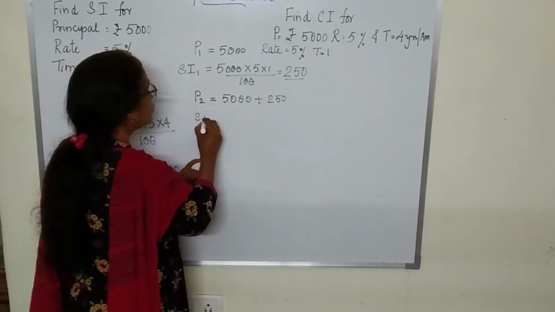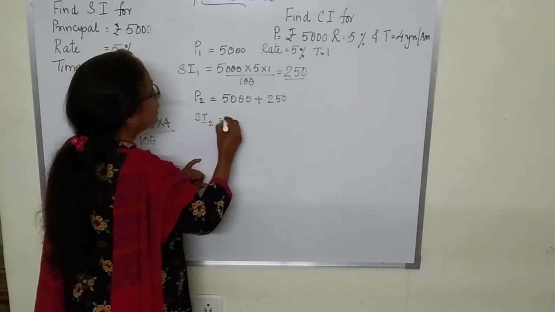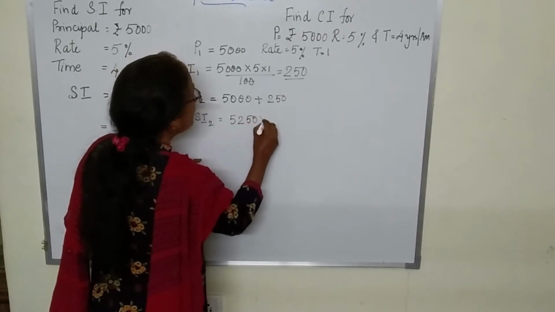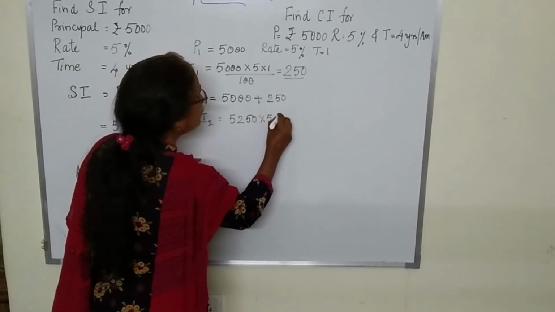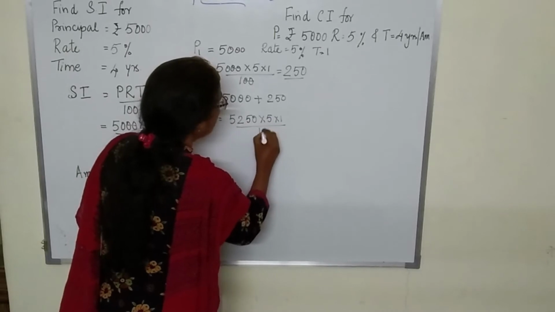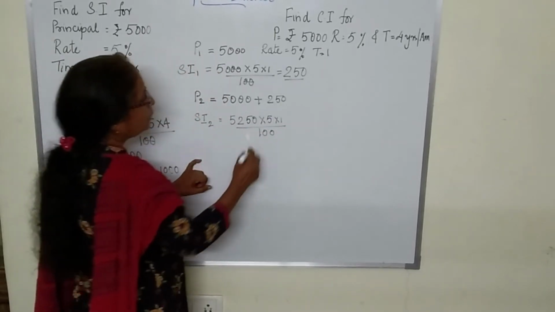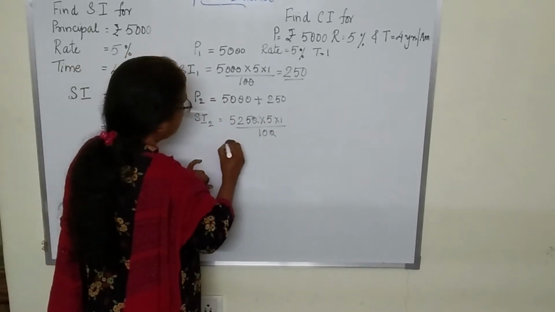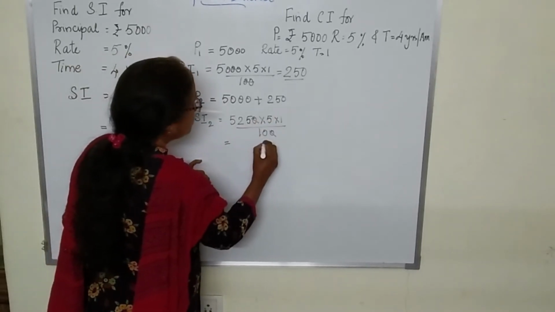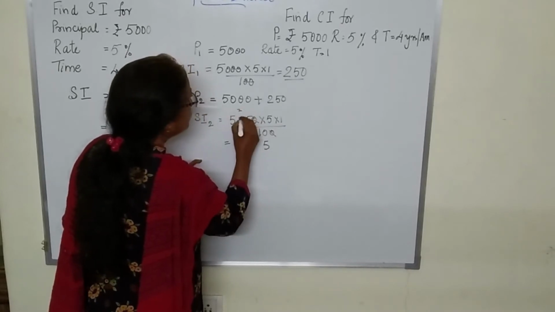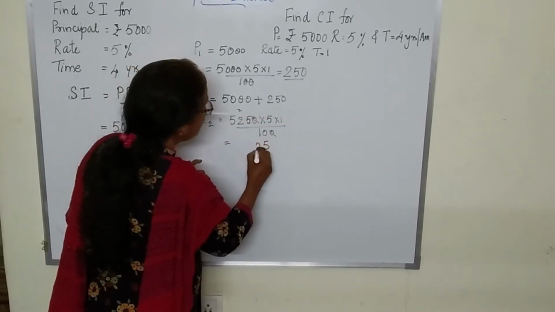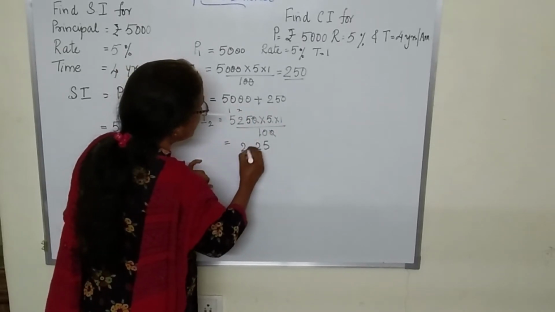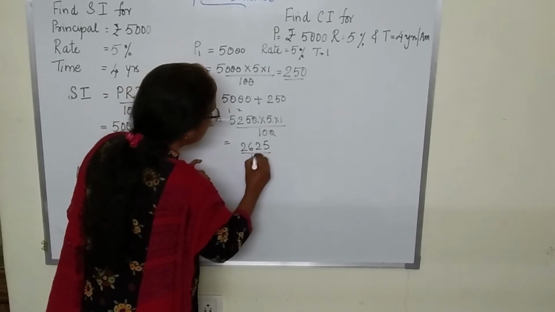Rate will be the same. So simple interest 2 will be equal to 5,250 multiplied by 5 into 1 upon 100. So when you do cancellation, you see what do you get? 5 5s are 25. 2 5s are 10 plus 2, 12. 5 5s are 25 plus 1, 26 upon 10.